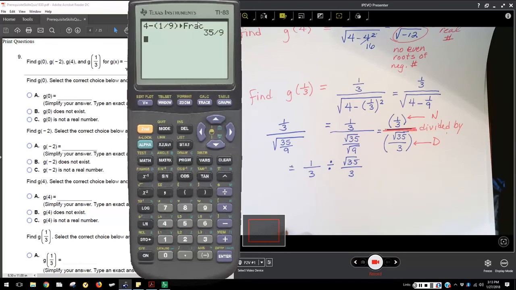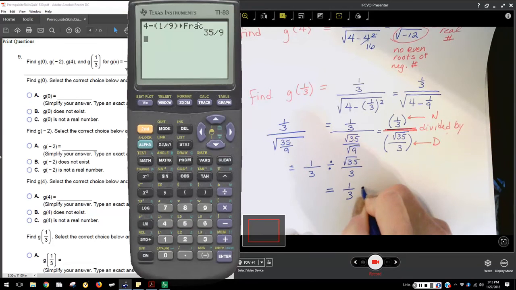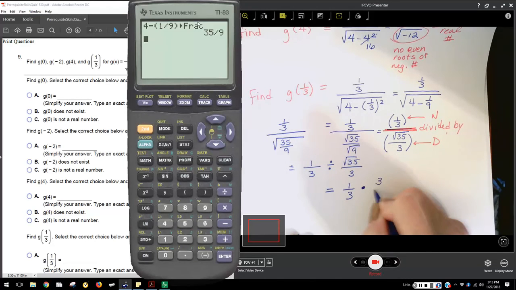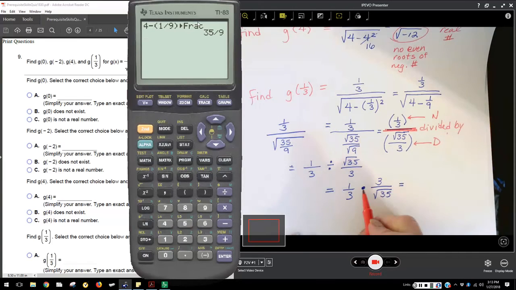And if you remember anything about working with fractions, the way you work a division problem with two fractions is you keep the first fraction the way it is, but you flip the second one over and multiply by it. And when we do that, we have 1 times 3 over 3 times the square root of 35.